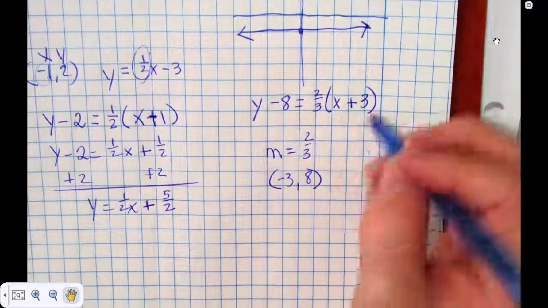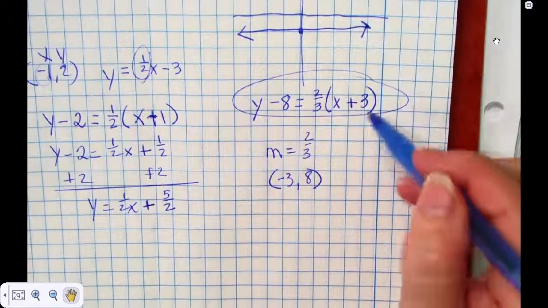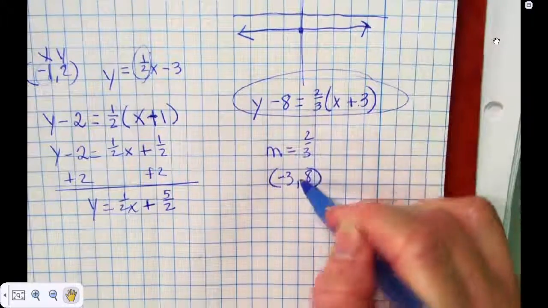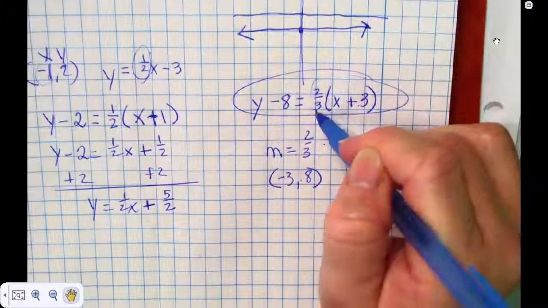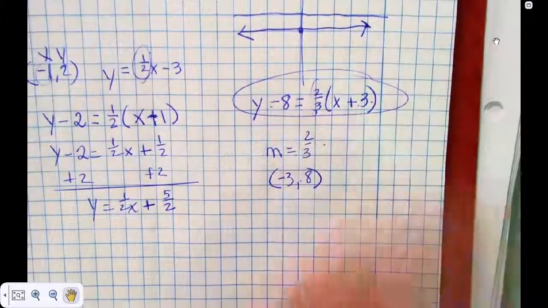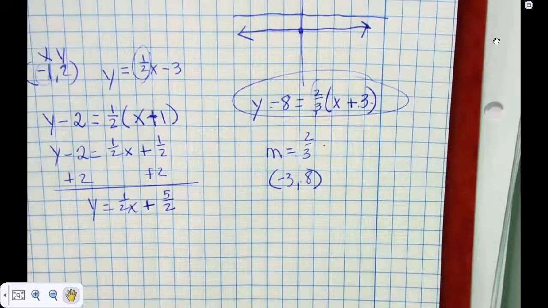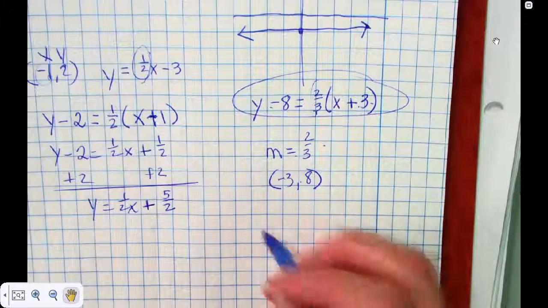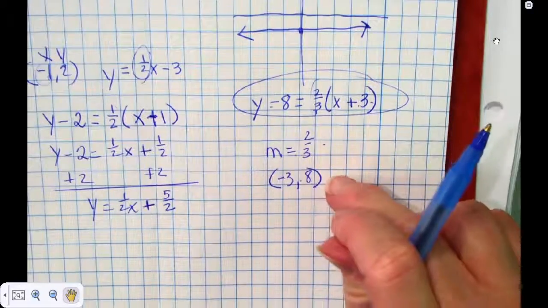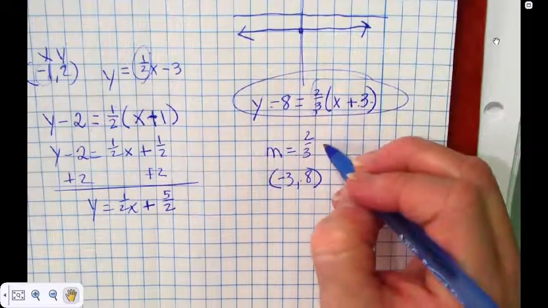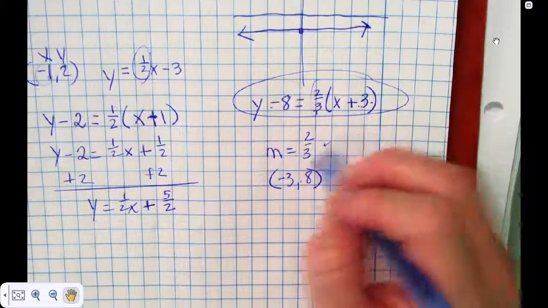You need to be able to look at that point slope form and get this information from it sometimes. So that's the slope, and those are your points. The opposite of what it says. True? Okay.